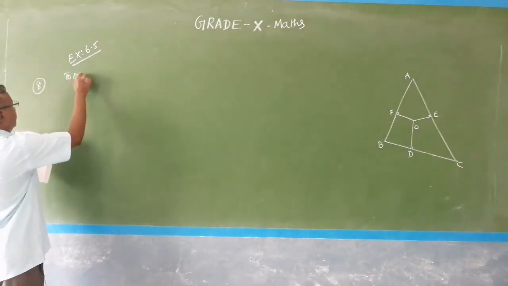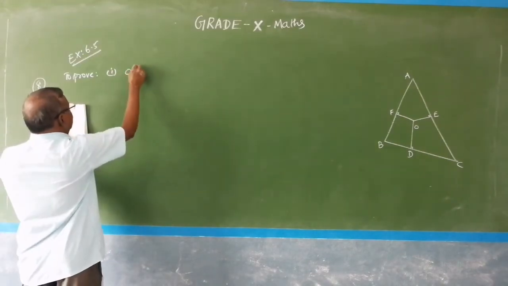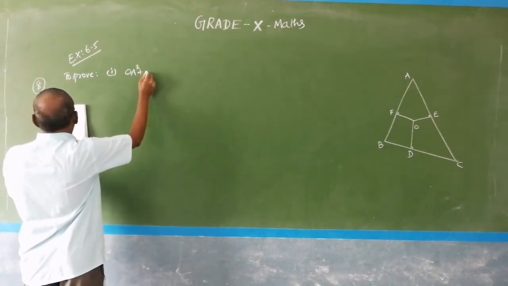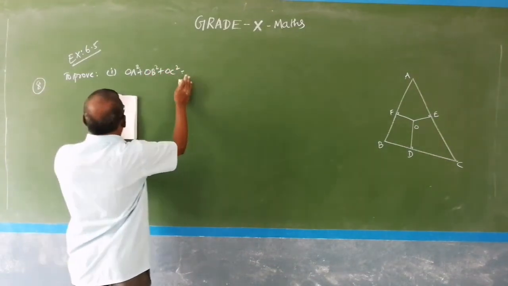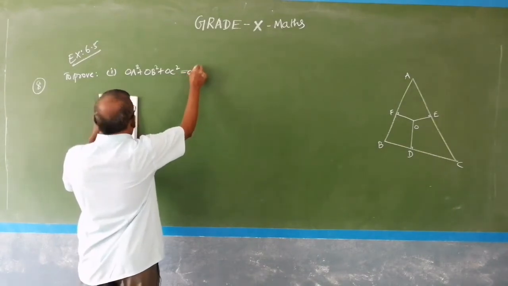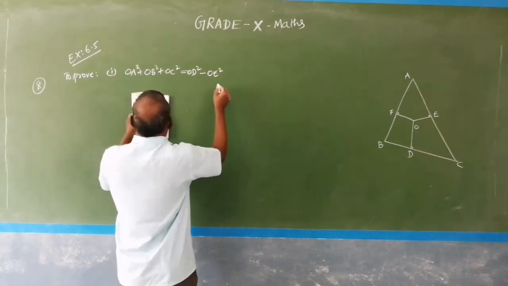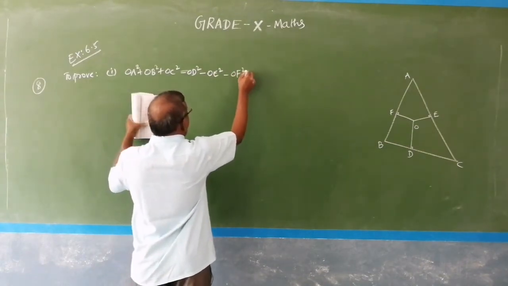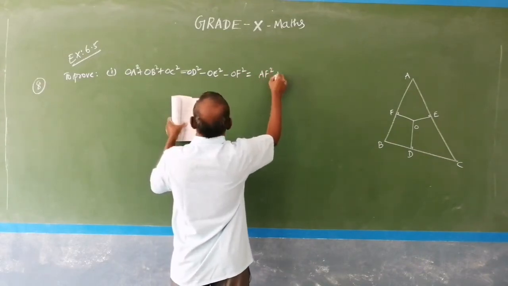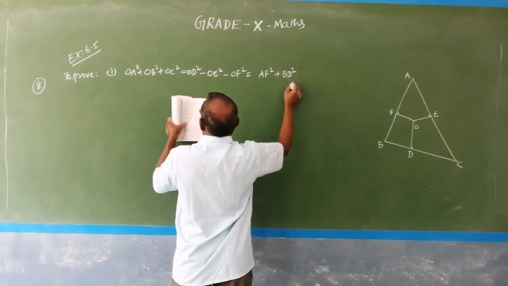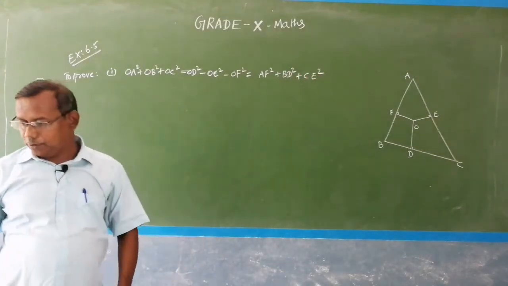To prove the first one: OA square plus OB square plus OC square minus OD square minus OE square minus OF square equals AF square plus BD square plus CE square.